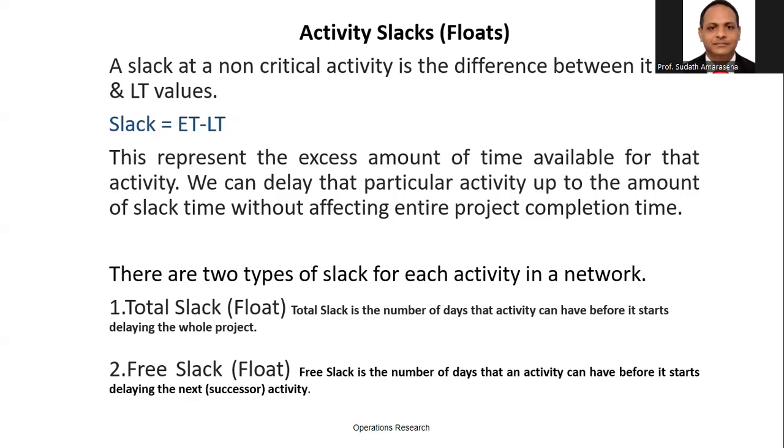The free slack represents exactly the number of days, months, weeks we can delay without affecting the next activity, or without delaying the entire project completion time. We use two formulas to calculate total float and free float.